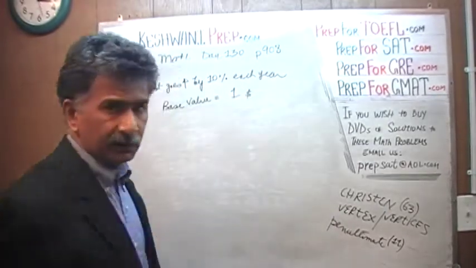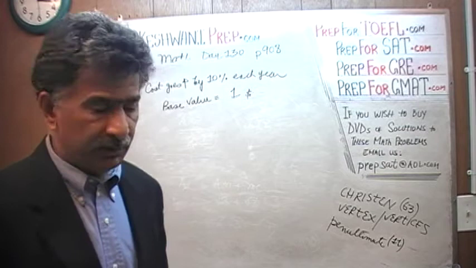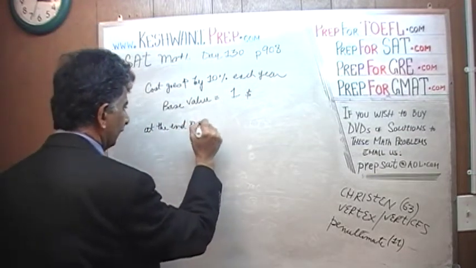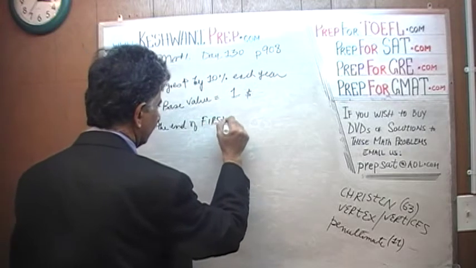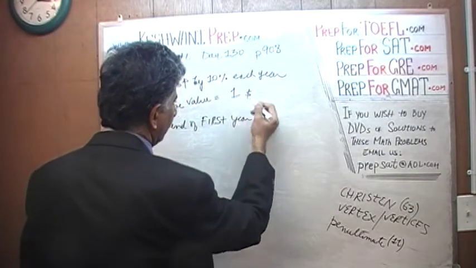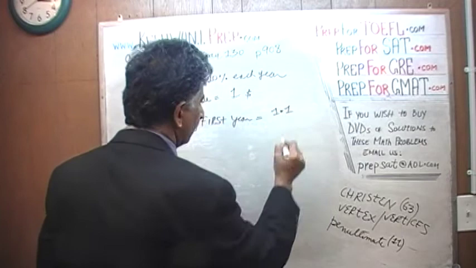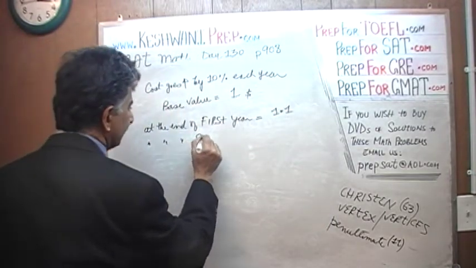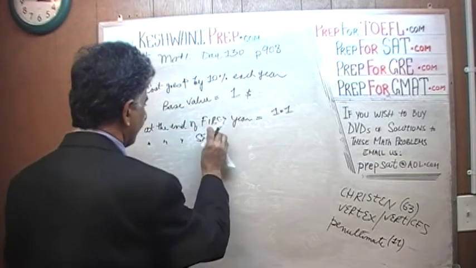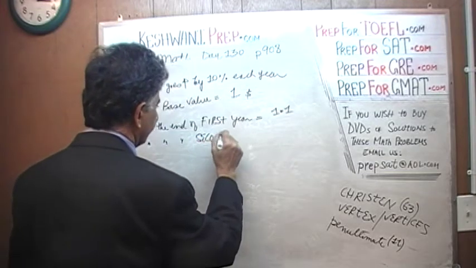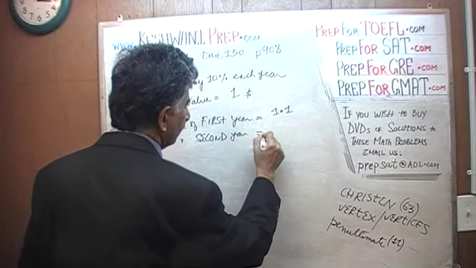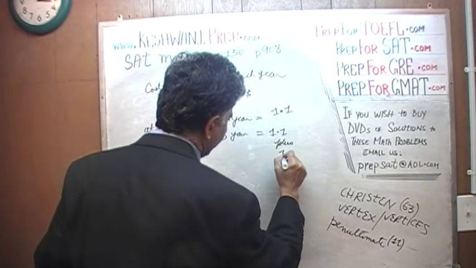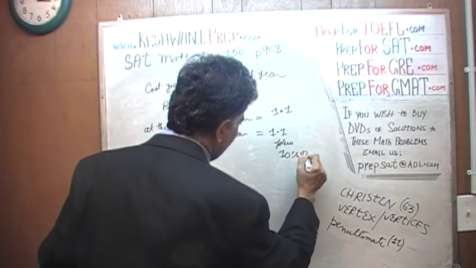If you have $1, and if it goes up by 10% each year, at the end of the first year, that $1 will become $1.1 because it will go up by 10%. At the end of the second year, we'll have this 1.1 plus 10% of 1.1.